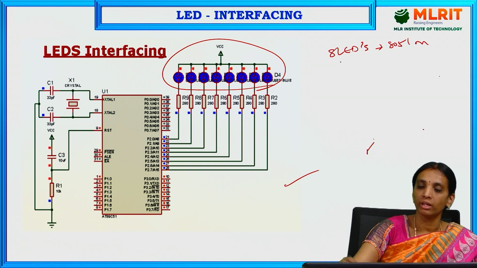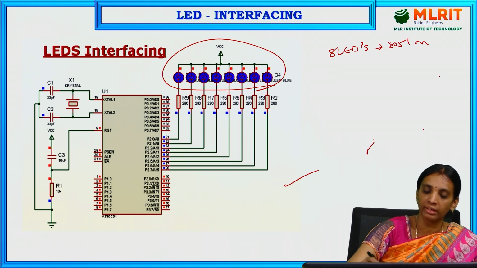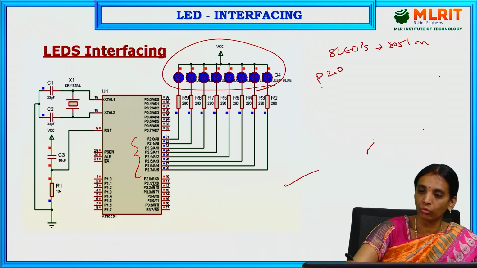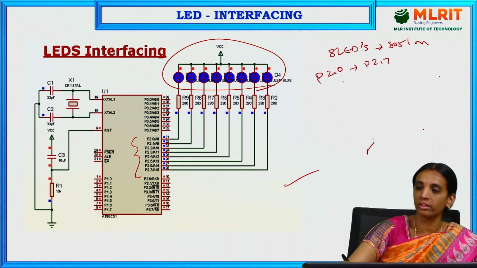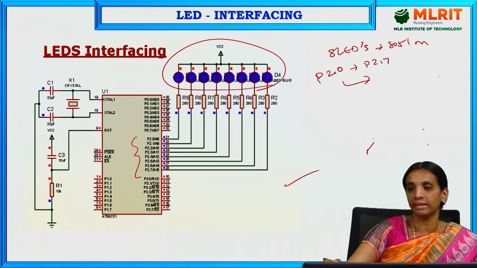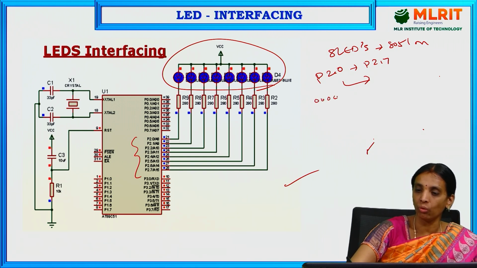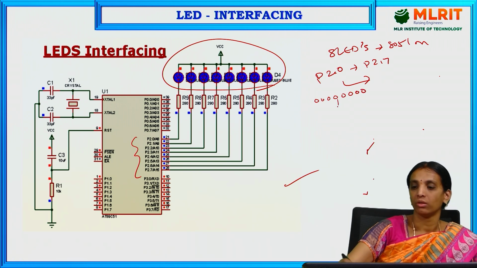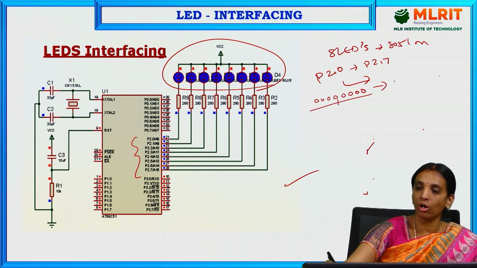All the LEDs are connected to the port pins of port 2, that is, from port 2.0 to 2.7 we are using 8 LEDs. If all the pins are enabled with low, which is all zeros, then all LEDs will be on. That means all LEDs will be glowing.